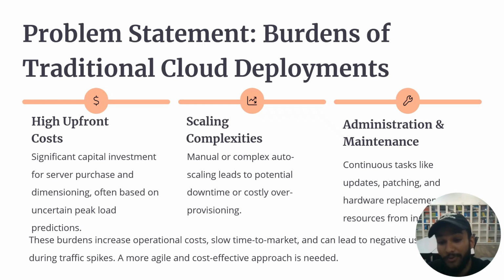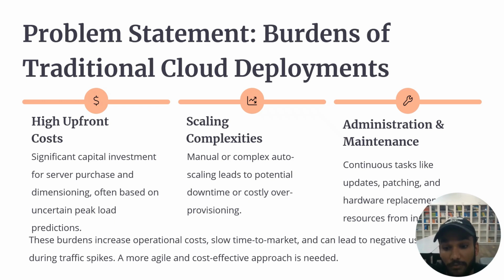In this paper, what is the problem statement they identified? What are the burdens of traditional cloud computing? The first one is the high upfront cost, for example the capital investment for server purchase, and sometimes peak load makes the cost high. Then there is scaling complexity.